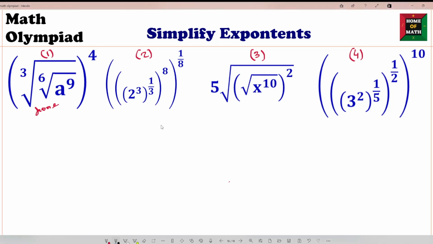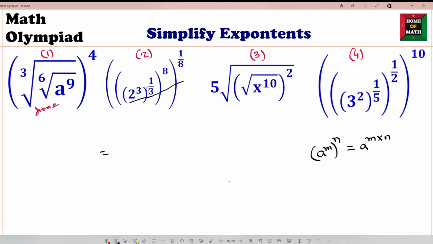Number 2: look, here are lots of powers, like 2 to the power 3, then power 1 by 3, then power 8, then 1 by 8. We know (a to the power m) to the power n equals a to the power m times n.